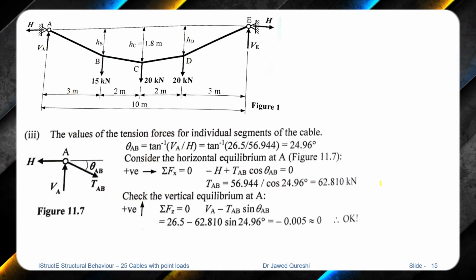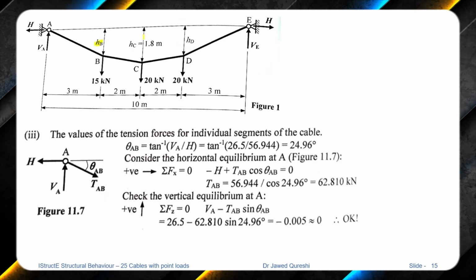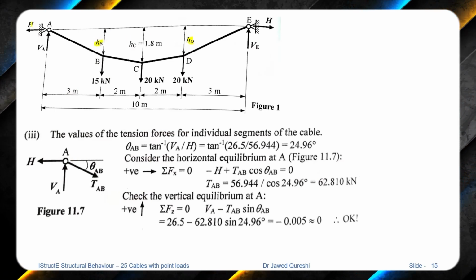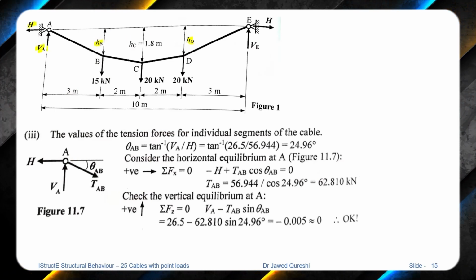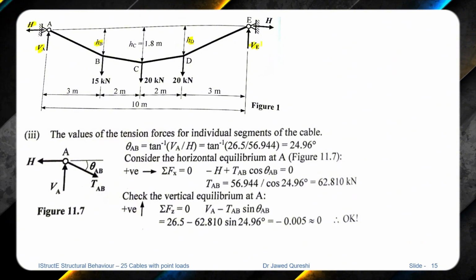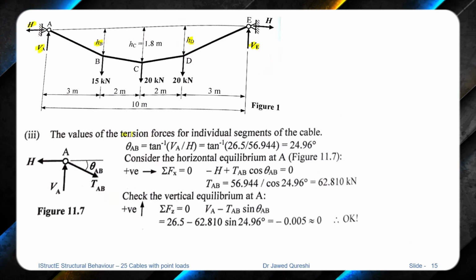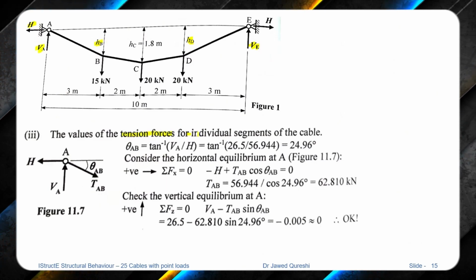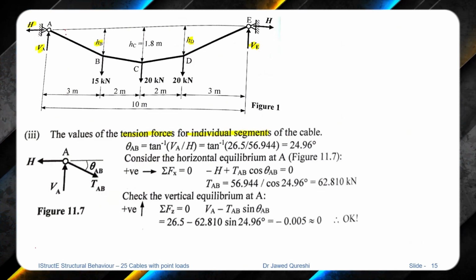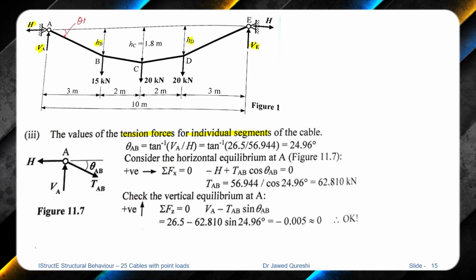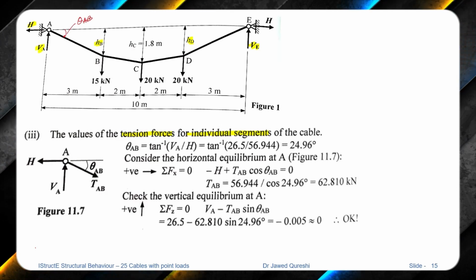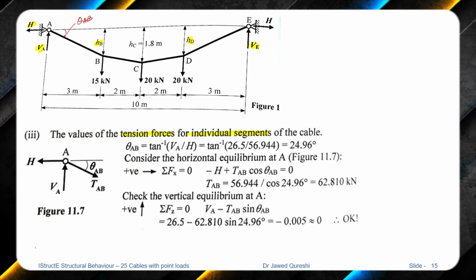Once we have determined the sags at B and D and the reactions at VA and VE, then we will determine the value of tension forces for individual segments of the cable. First, I have to determine this angle, which is theta AB. This will be equal to vertical force divided by horizontal force.